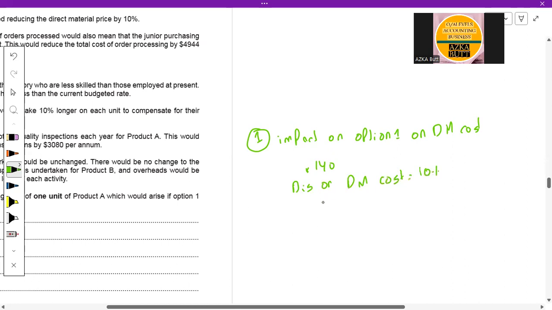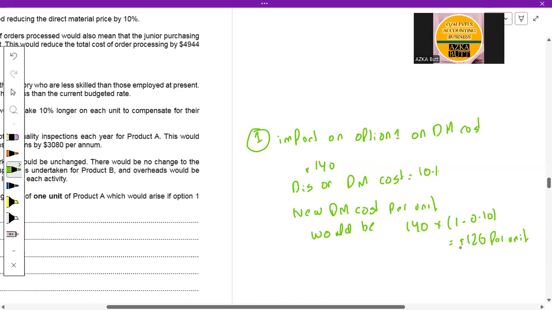And new direct material cost would be $140 multiply 1 minus 0.10, which is equal to $126 per unit. And now let's see step two.